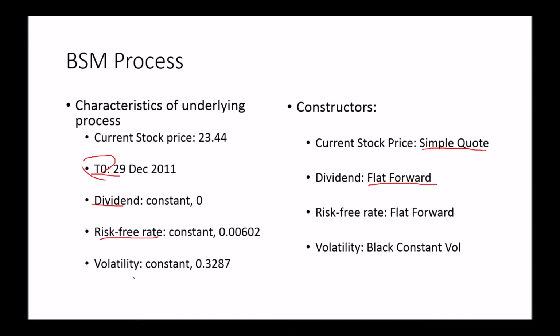And for volatility, we will be using a constant volatility, and we will use the volatility, the current date, day counter convention, and the calendar of our choice to construct a Black constant volatility term structure. So now let's go to the coding part.